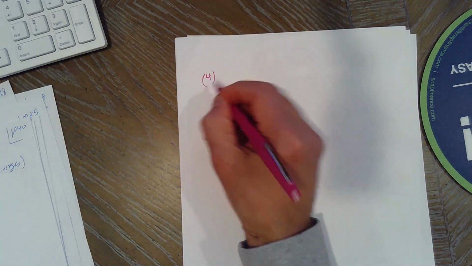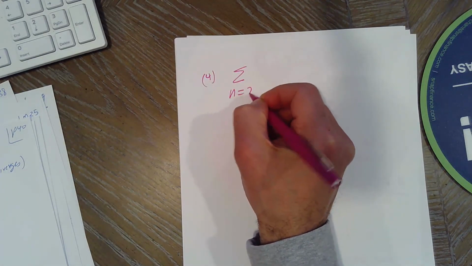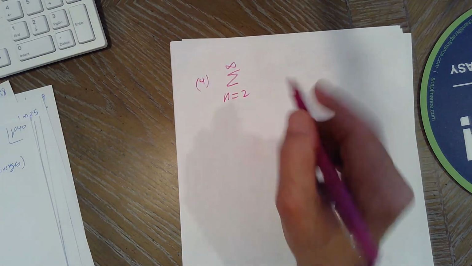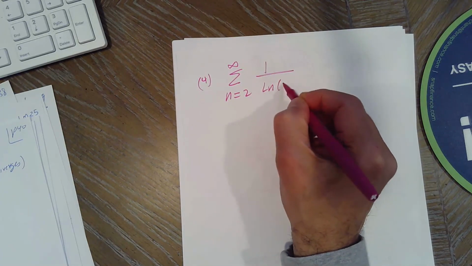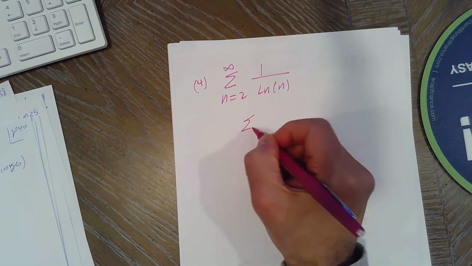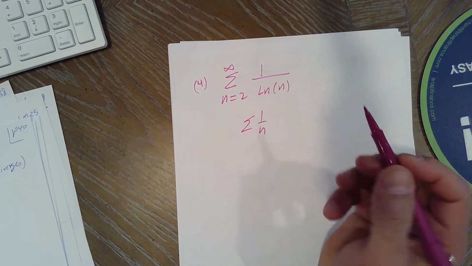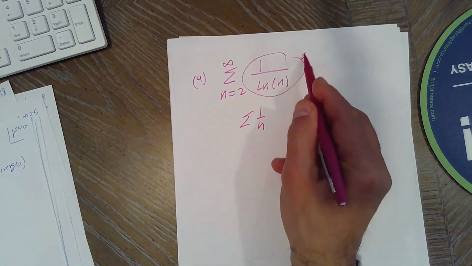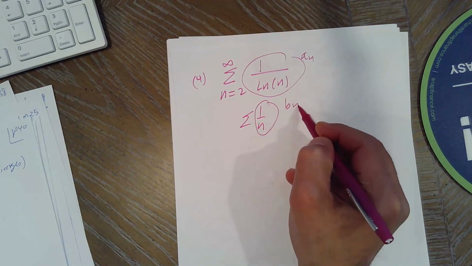Alright, sum from n equals 2 to infinity of 1 over ln of n. Again, we can compare this with 1 over n because we know it diverges and there's n there. This is an and this is bn.